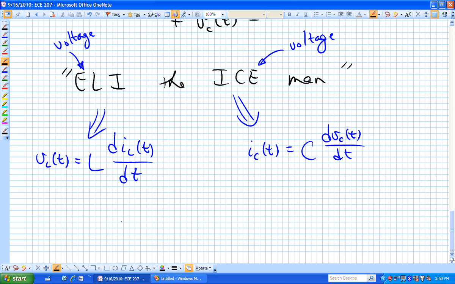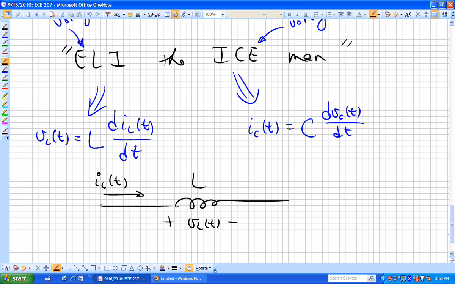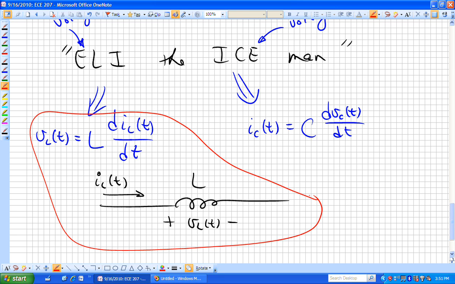And for it, you have the same type of structure. Here's L, here's V sub L of t, and which way do you think the current's flowing? With the passive sign convention, it's going from left to right. Here's I sub L of t. There will be our inductor relationship. But before we get there, let's spend a little bit more time with I is equal to C dV dt. This is ICE, and ELI we just talked about.